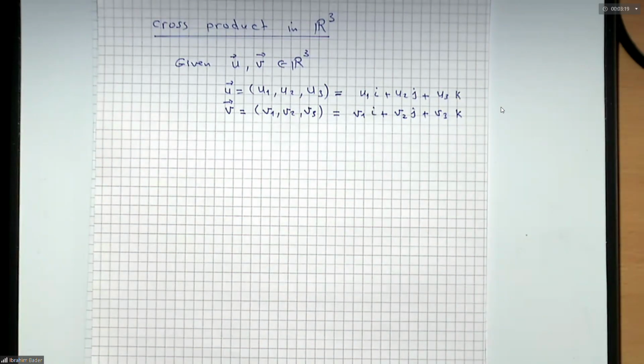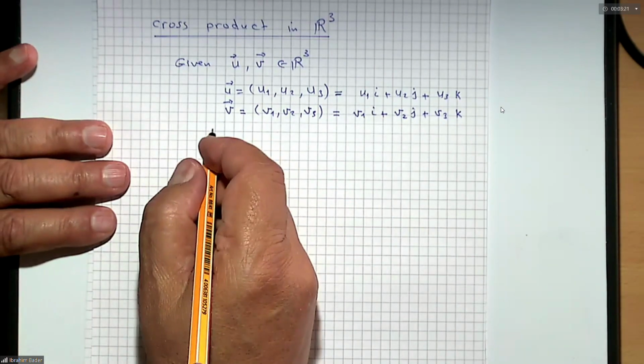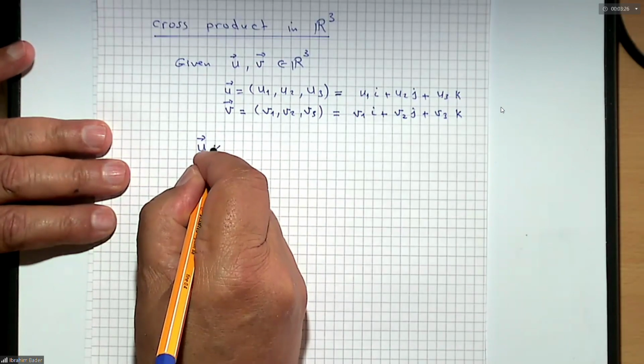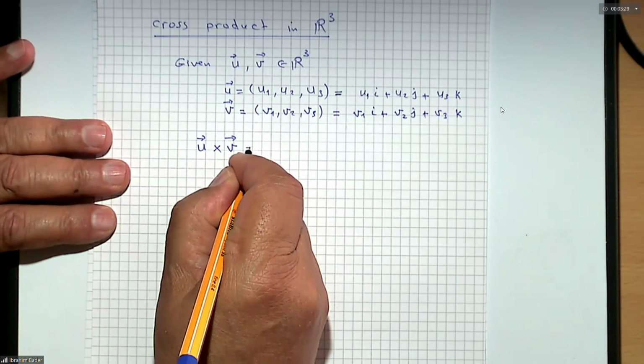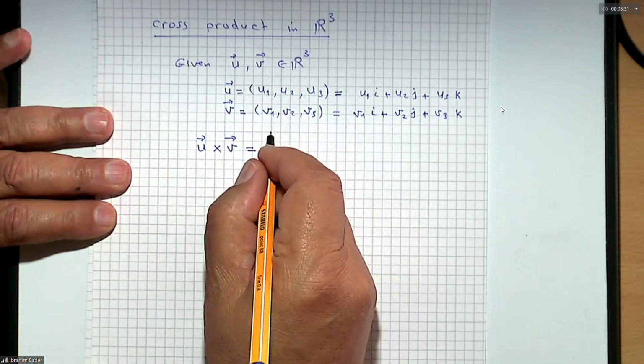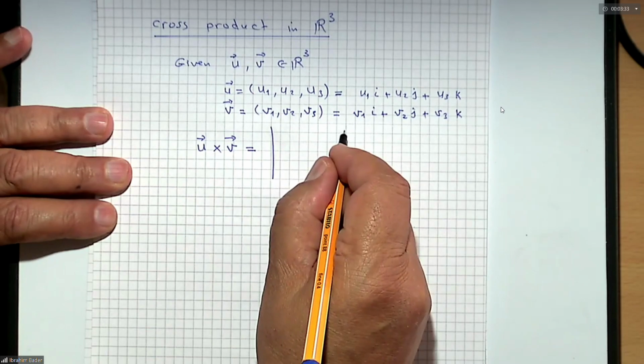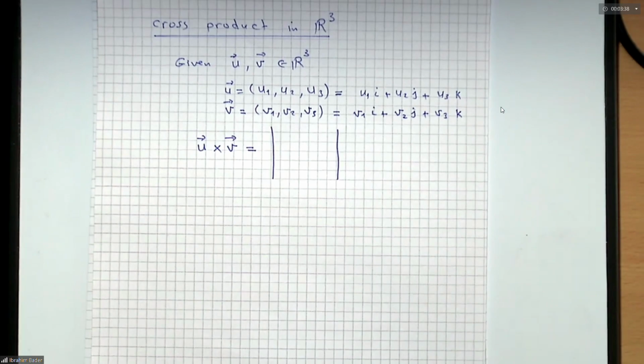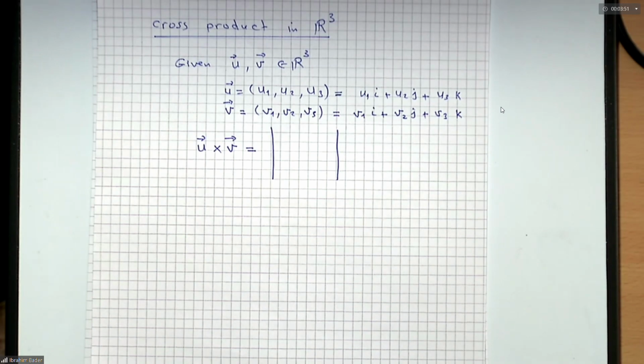Okay, now we will learn how to evaluate U cross V. Now, if you are not familiar with determinants at this stage, don't worry. These two vertical bars represent what we call a determinant. And a determinant, as the name indicates, determines a value for a square matrix.